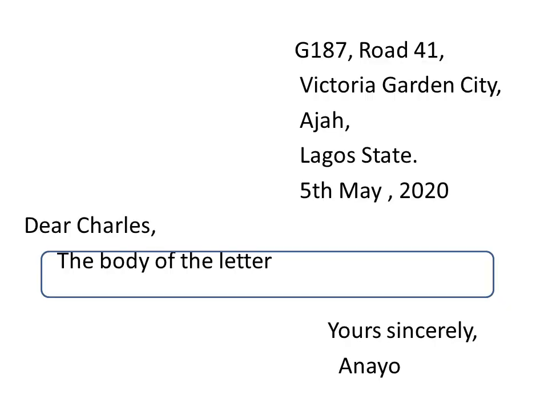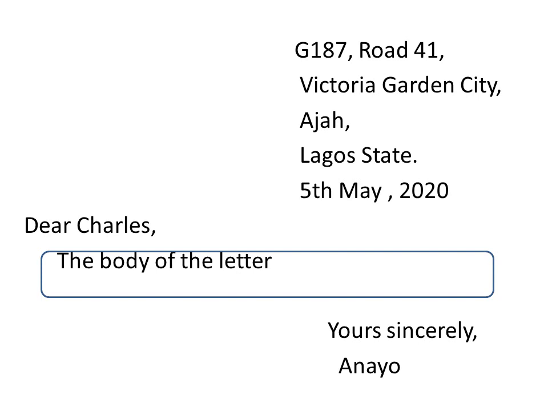So let's demonstrate what we just said. The address of the sender or the writer is G187 Road 41, Victoria Garden City, Ajah, Lagos. So we are using the closed block format in our letter, in writing our address. Please look at it very well because you're going to write your own.